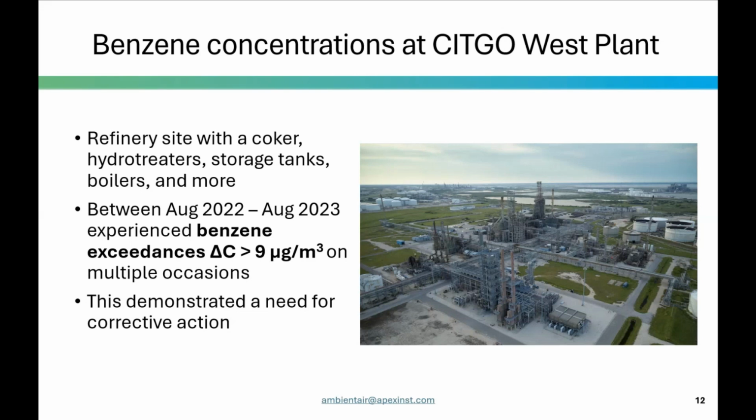Between August 2022 and August 2023, this site experienced benzene annual average delta concentration exceedances greater than the action level, which they suspected was related to off-site upwind contributions from their near neighbors. These exceedances demonstrated the need for corrective action.